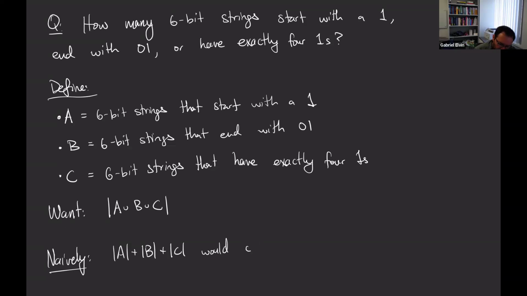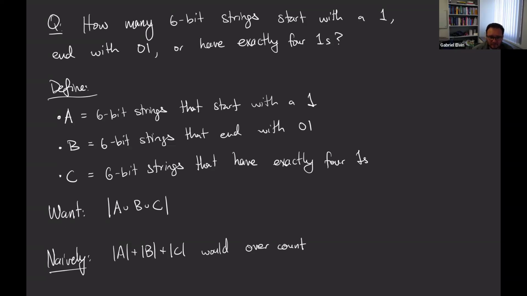It would overcount. How would it overcount? Well, there would be certain things that have multiple of these characteristics, and you'd count them when you count the things in A, and then it would get counted again when you count the things in B if it's in both of them.